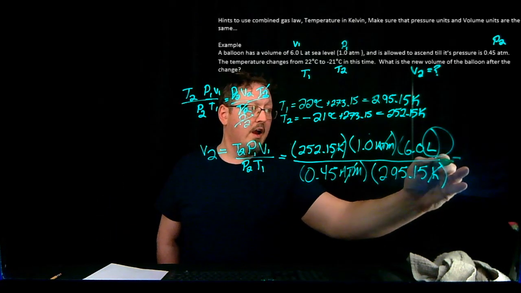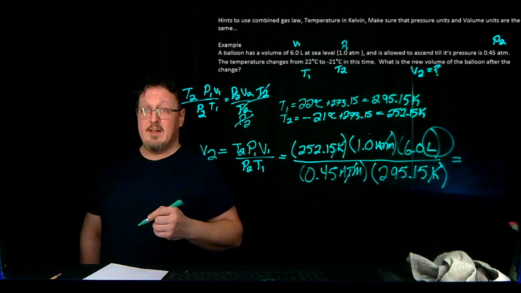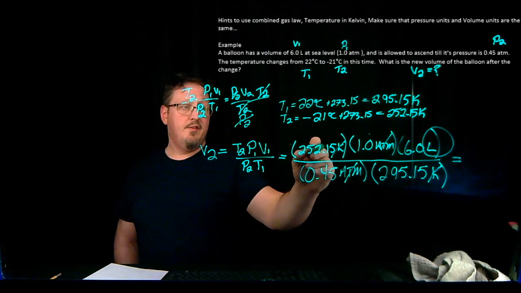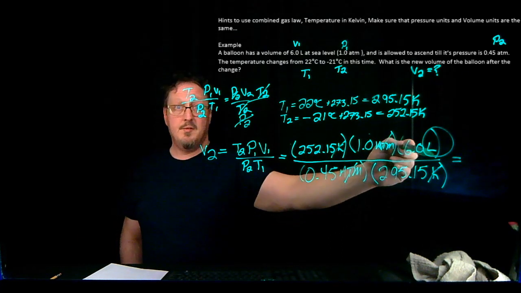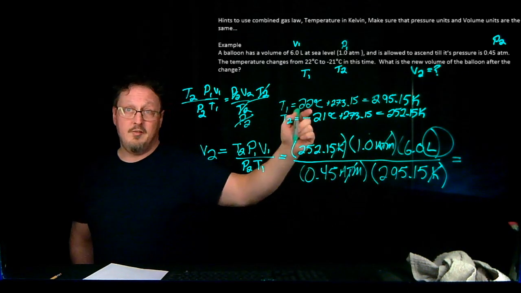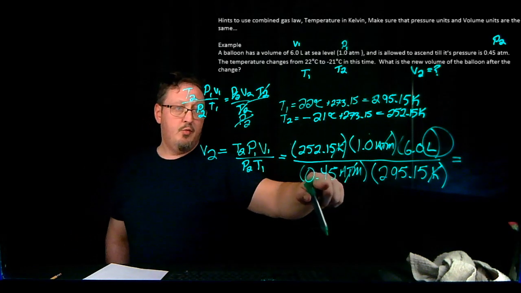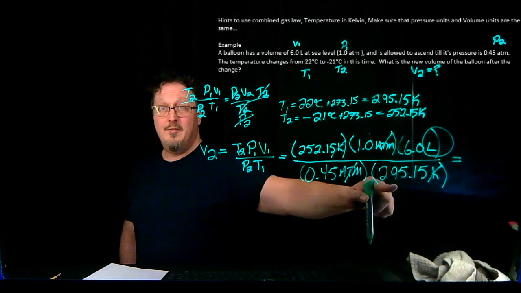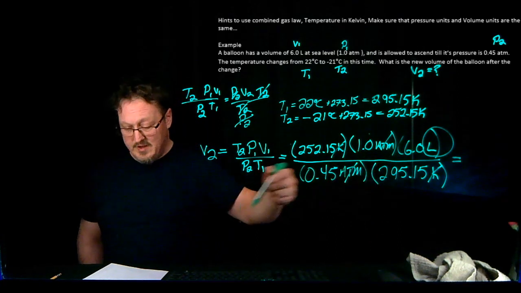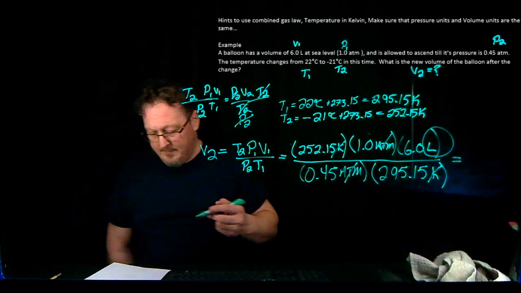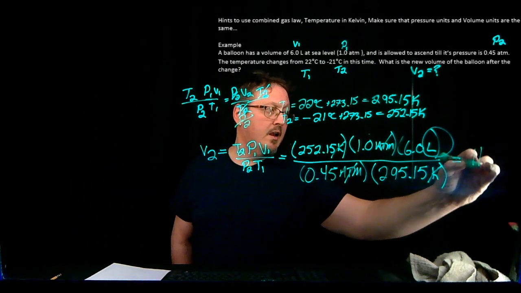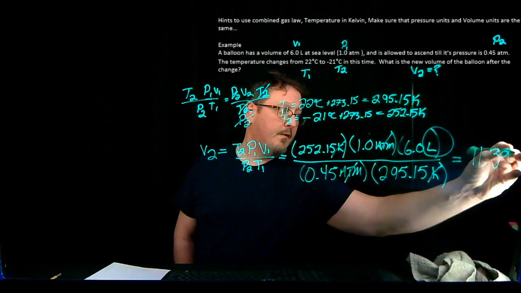Okay. Last thing we have to do is do the math, and then we're done. So 252.15 times 1 times 6, enter. Divide by, open parentheses, 0.45 times 295.15, close parenthesis. The number that I got was 11.39 liters.